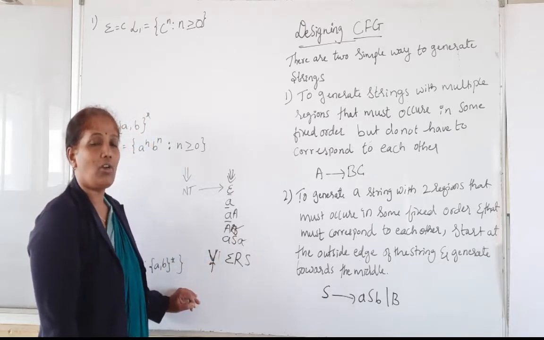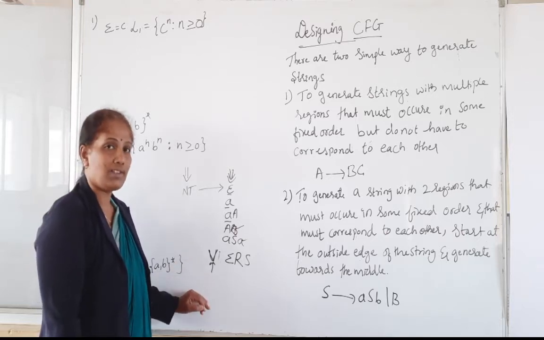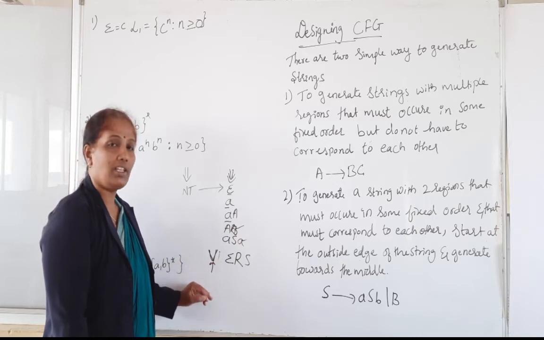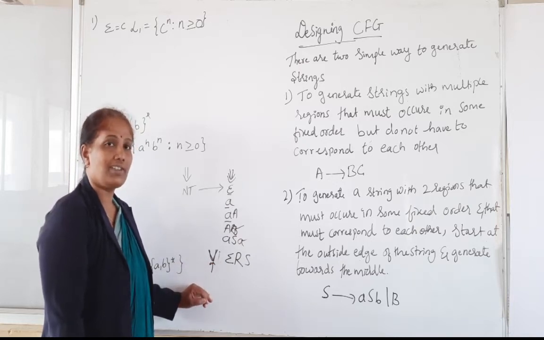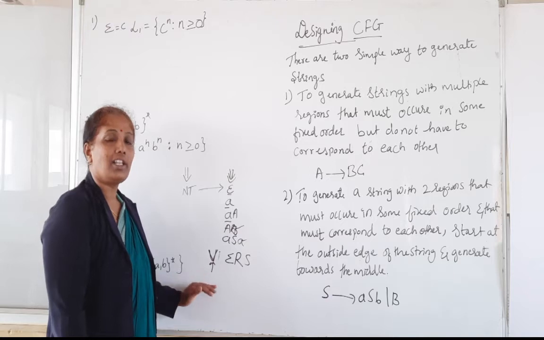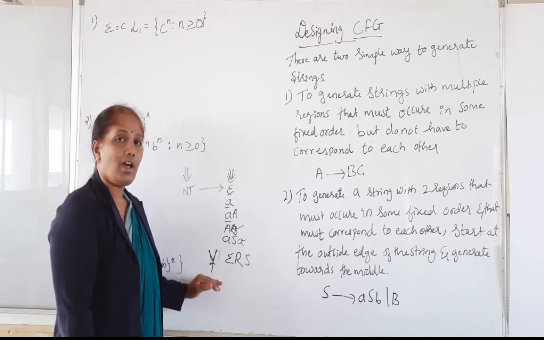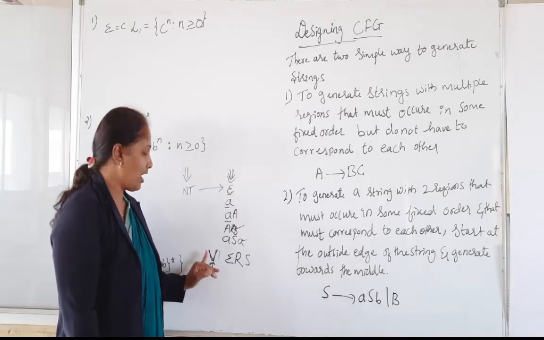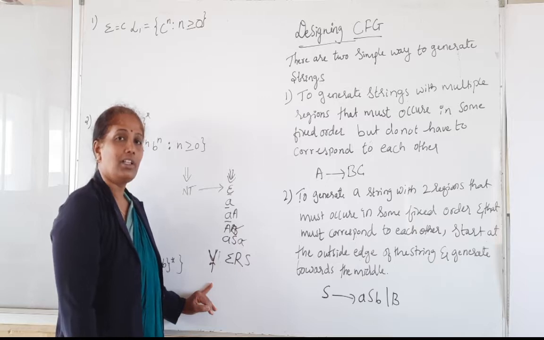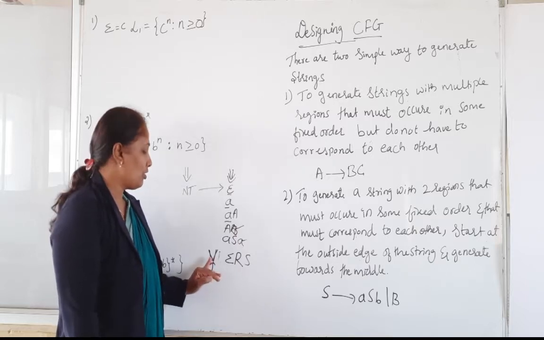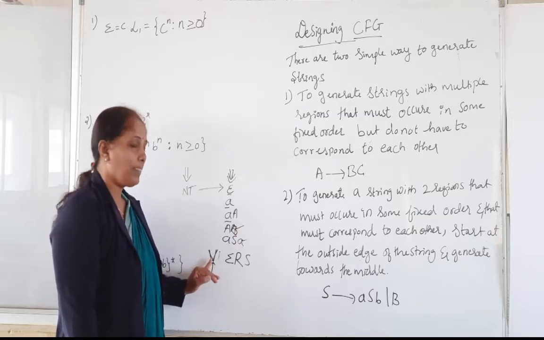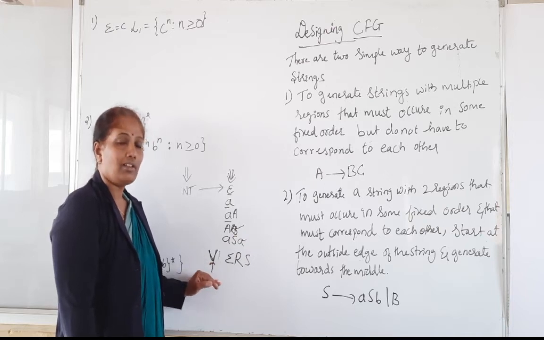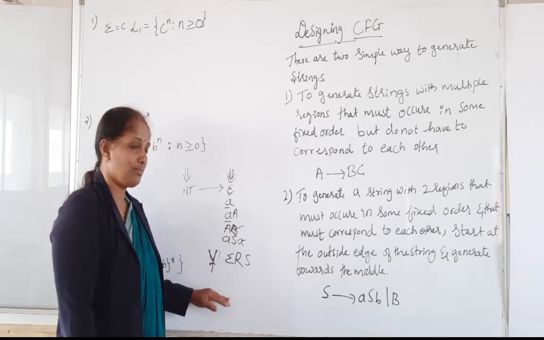What do we mean by terminal and non-terminal symbol here? The non-terminal symbols are the rule symbols. They do not contribute anything in the formation of the strings, whereas the terminal symbols are used to form the strings. Usually the terminal symbols are written in small case and non-terminal symbols in capital letters. So the non-terminal V can define a terminal symbol as well as a non-terminal symbol.